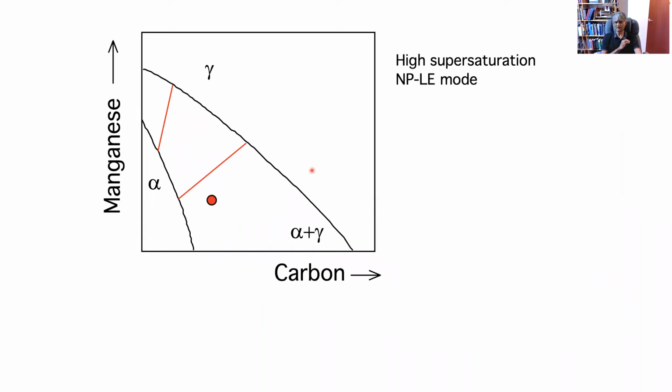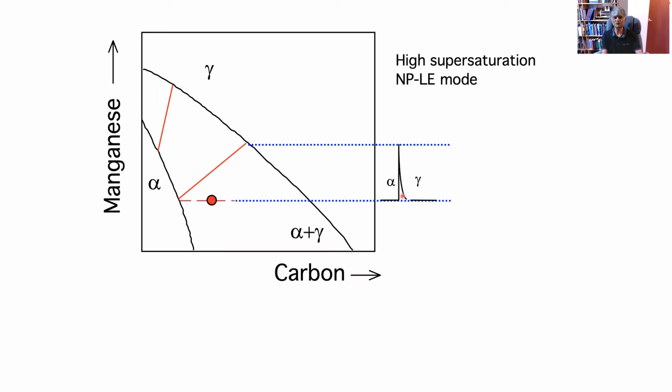That means I want very little manganese to be partitioned. So if I draw a construction line here, which makes the ferrite have a manganese concentration that is almost identical to the alloy, then very little manganese is partitioned, and the concentration spike of manganese at the interface becomes extremely sharp because very little manganese is partitioned.